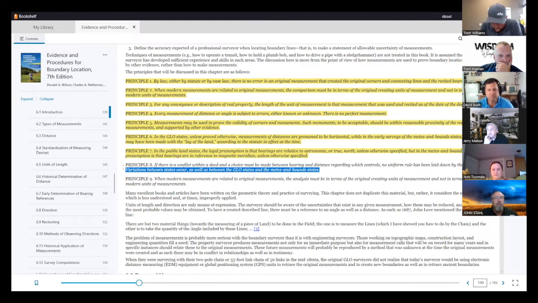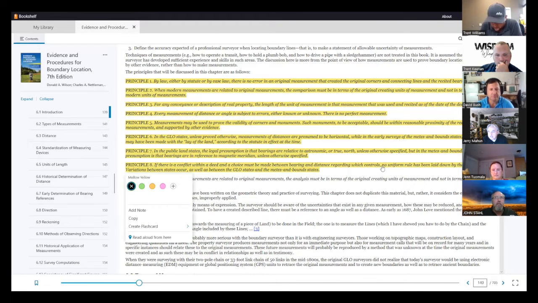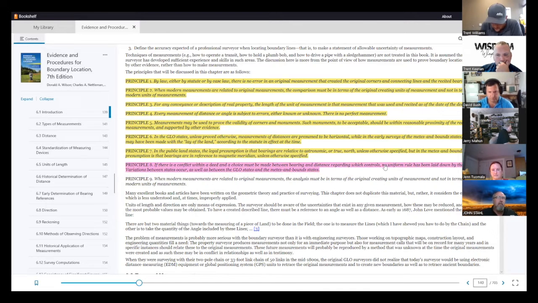Principle 8: if there is a conflict within a deed and a choice must be made between bearings and distance regarding which controls, no uniform rule has been laid down by the courts. Variations occur between states, as well as between the GLO states and metes and bounds states. Principle 9: when modern measurements are related to the original measurements, the analysis must be in terms of the original creating units of measurement and not in terms of more modern units of measurement.